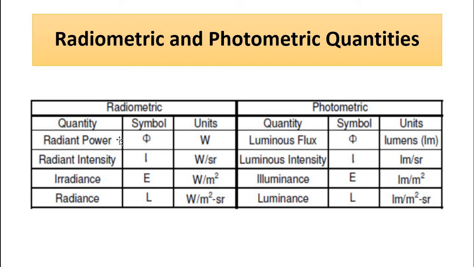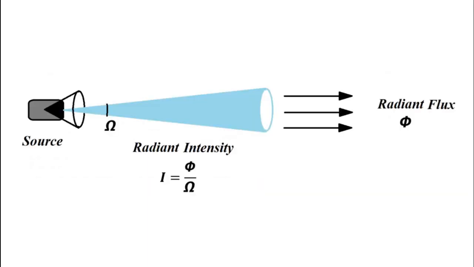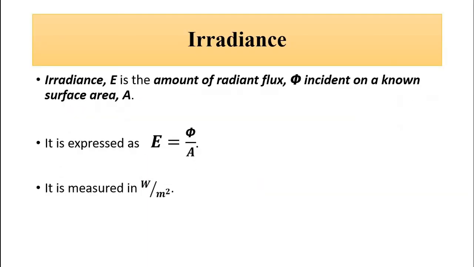So this is the relationship between radiometric and photometric quantities. For better understanding, you can use the subscripts P and R for photometric and radiometric respectively. Otherwise you specify it separately. Here we have discussed the radiometric quantities, starting from radiative flux or power, radiative intensity, irradiance and radiance.